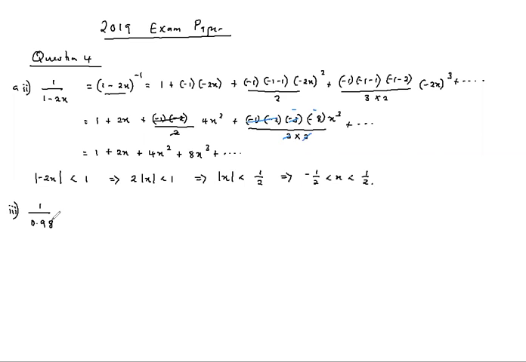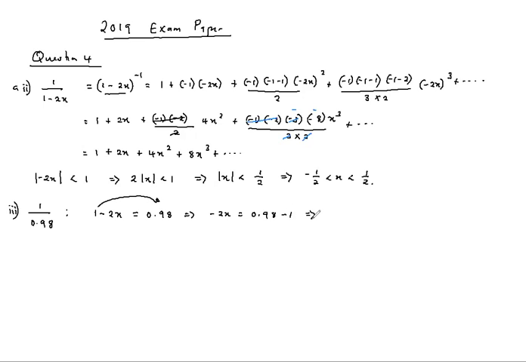Now what you do is, this tells you to equate the denominator that you have in part 2 to 0.98. And so for x, if you take 1 to the other side, what do you have? You have negative 2x is equal to 0.98 minus 1.